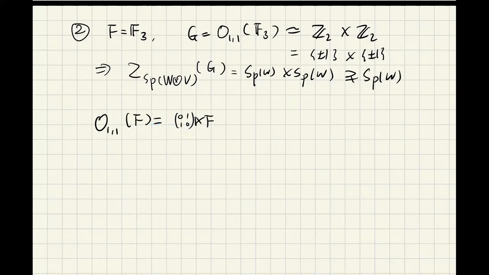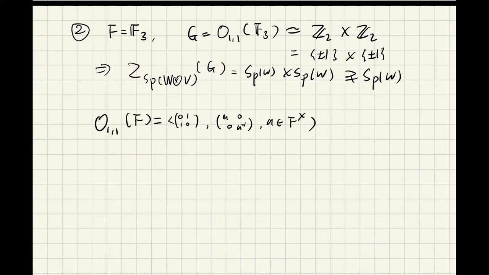So it is generated by these two types of elements. Another type of element is (a^{-1},0;0,a) with a inside F cross.